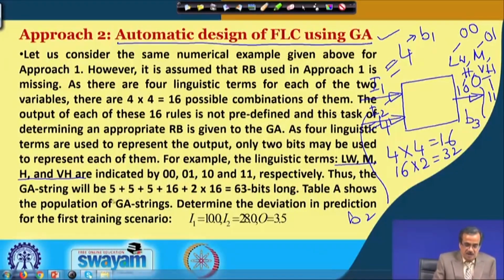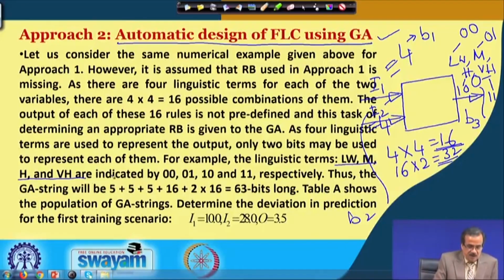So, we have got B 1, B 2 and B 3, these 3 real variables, and then we have got 16 bits just to represent the presence or absence of the rules, and we have got 16 multiplied by 2, that is 32 bits, to represent what should be the output for the 16 rules.